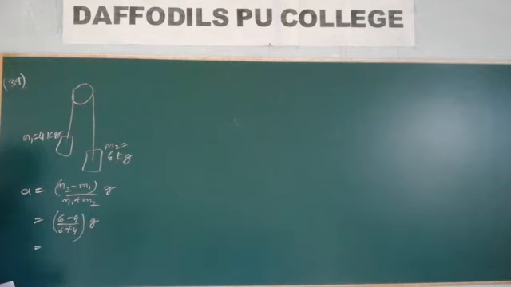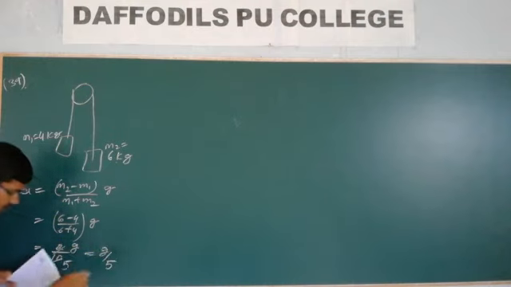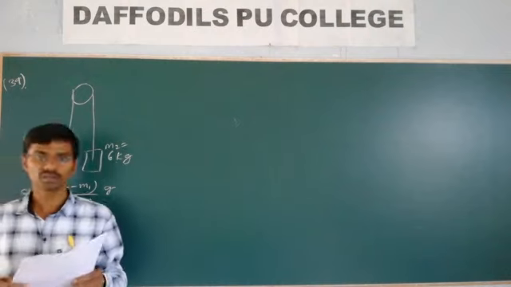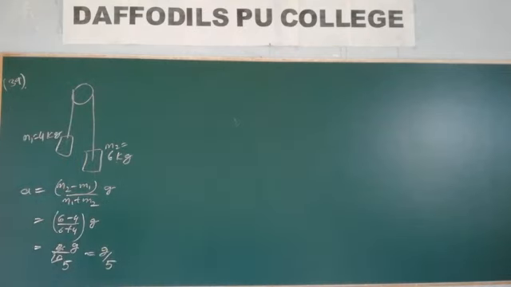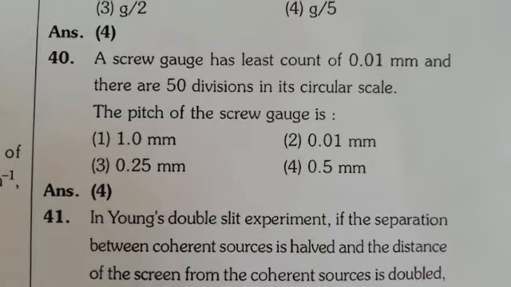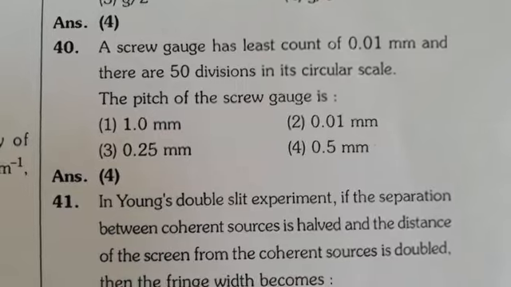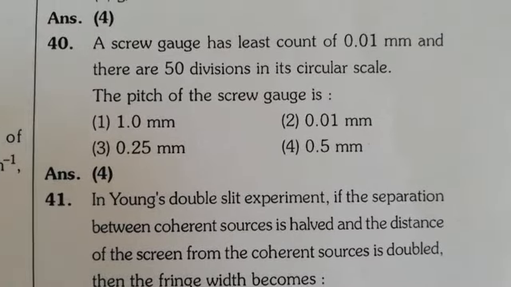A is equal to m2 minus m1 by m1 plus m2 into g, which is 6 minus 4 by 6 plus 4 into g. Then 6 minus 4 is 2 by 10 into g, which is 1 by 5, that is g by 5. The fourth option is the correct one.